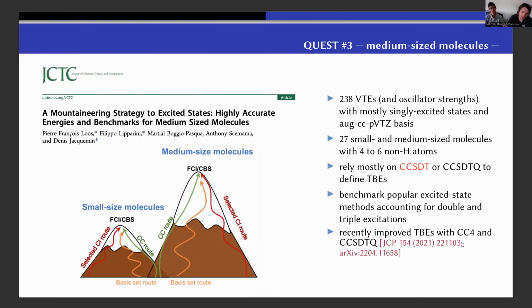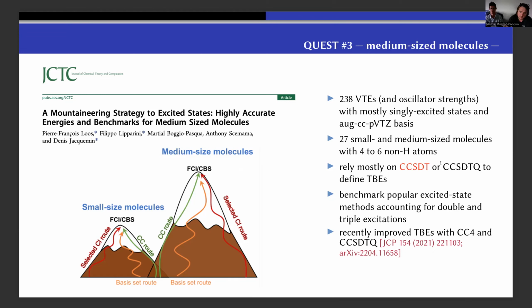The third one tried to increase that database to have something quite exhaustive. So we started increasing the number of excited states, mostly singly excited states, in slightly larger molecules, from 4 to 6 non-hydrogen atoms. Now it's too big, so we cannot rely on CIPSI or full CI for the TBEs.